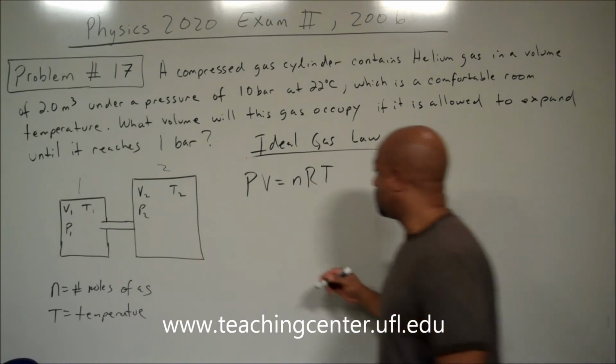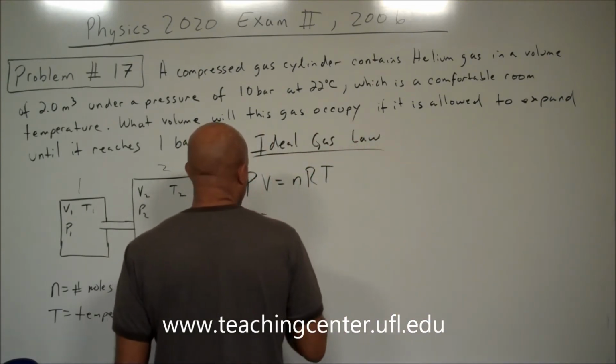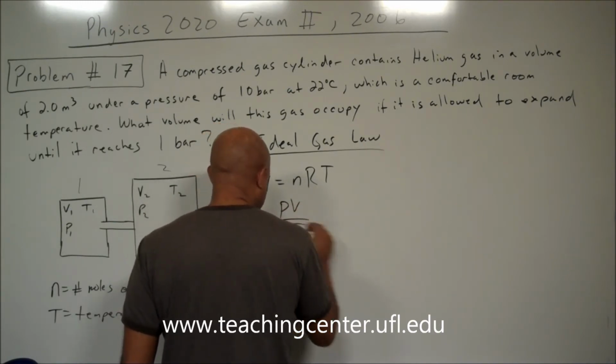If we solve this equation for N, the number of moles, we get N equals PV divided by RT.